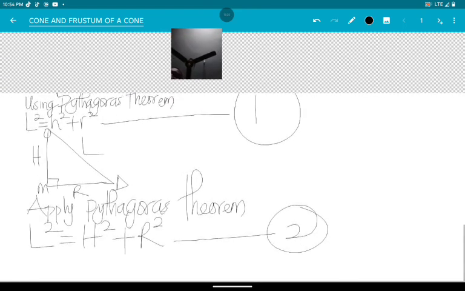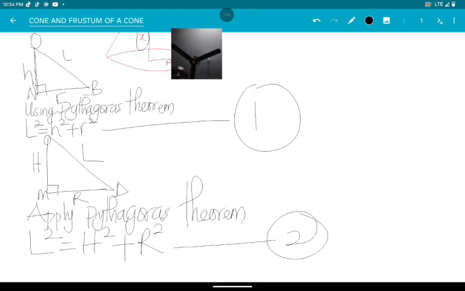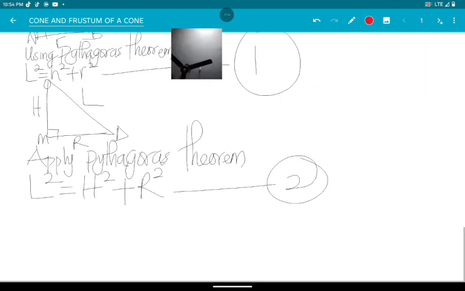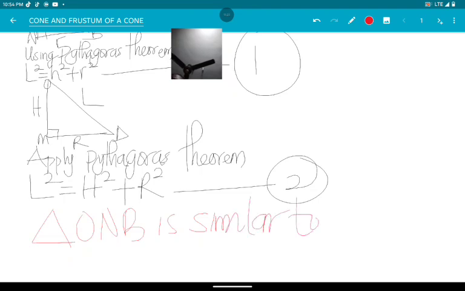Now, these two triangles here, we can apply what we call similar triangles to link them out. Triangle OAB is similar, some can say it's congruent, it's similar to triangle OMD.